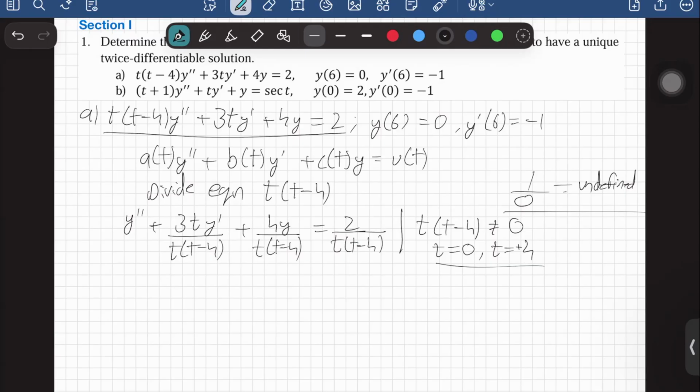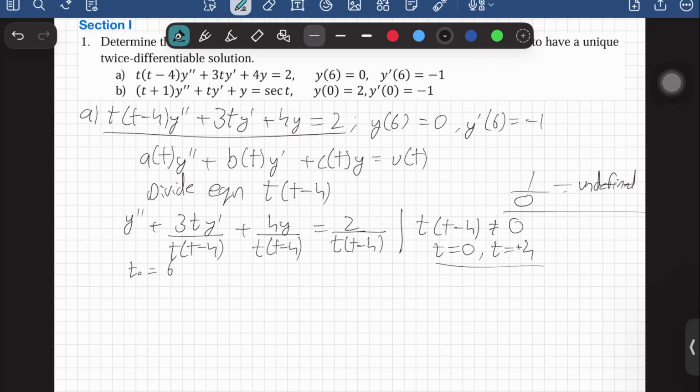So the t0 given to us is 6, right? We know 6 doesn't lie between 0 and 4. It is to the right of both these points, right?